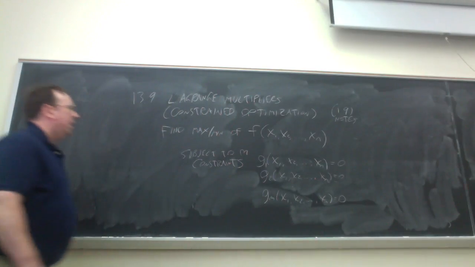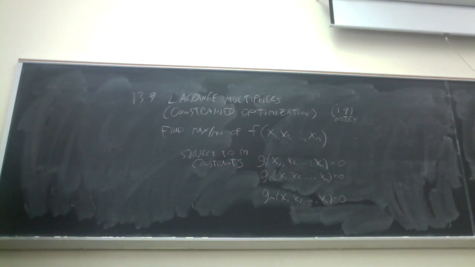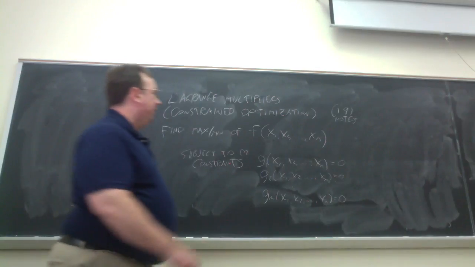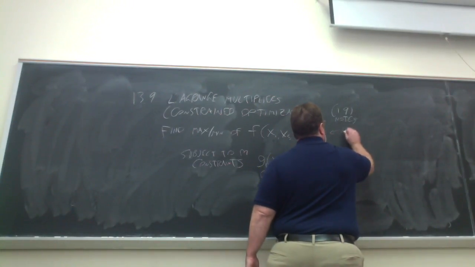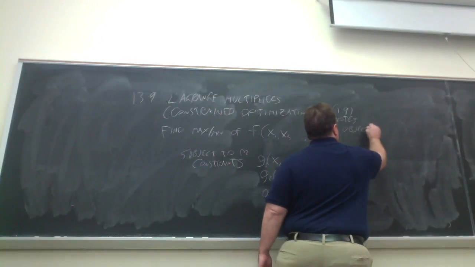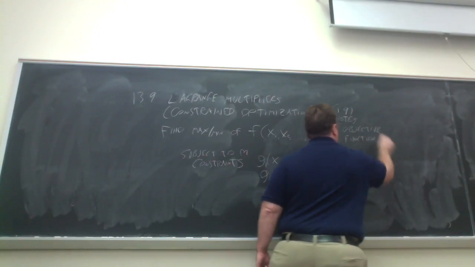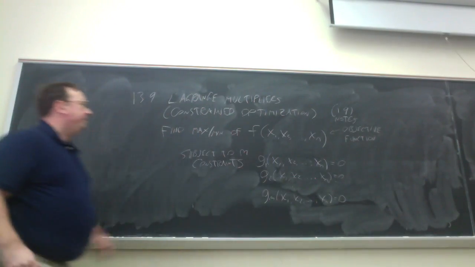Now, constrained optimization in general, by the way, for terminology, this function we're trying to maximize or minimize is commonly referred to as the objective function. This is your objective to find where it's a maximum or minimum.